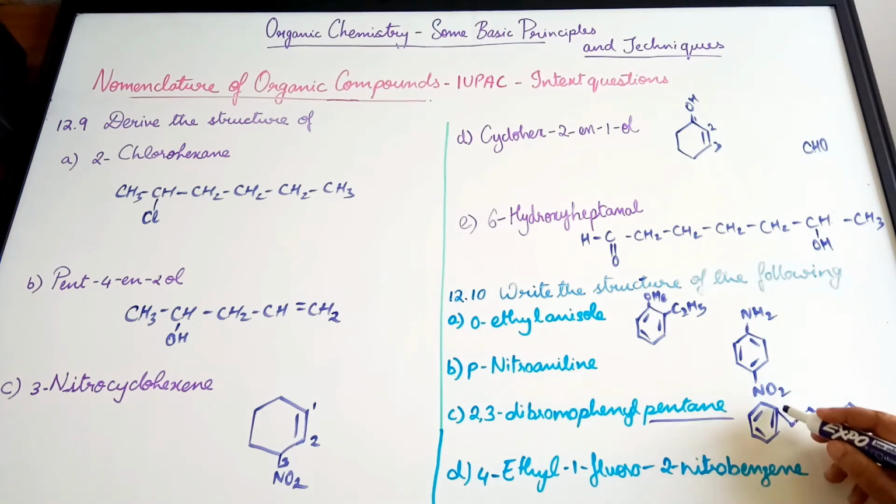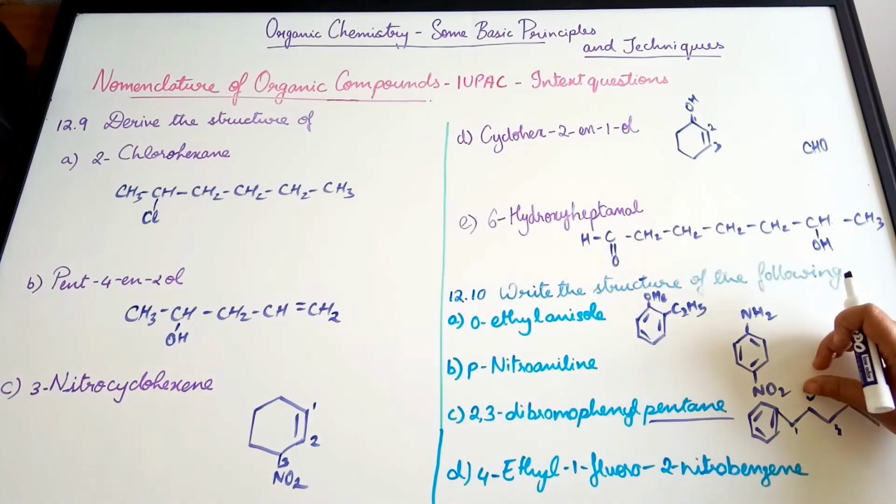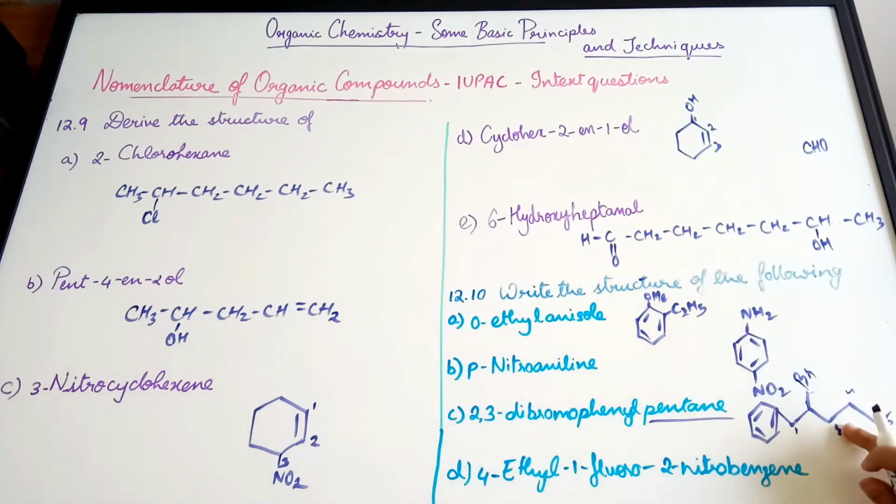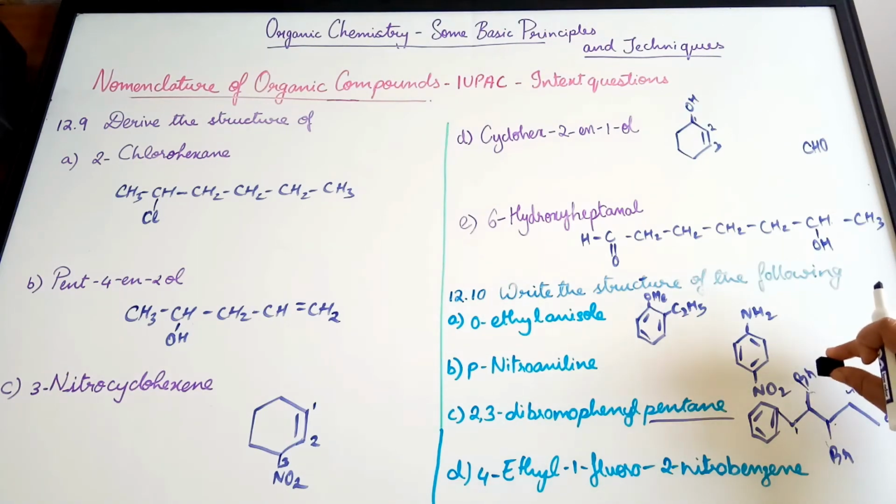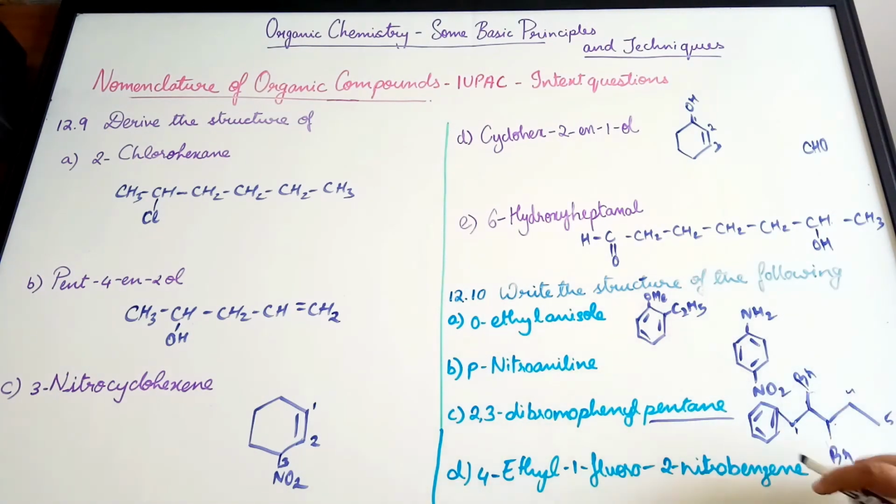So this is the first carbon atom, second, third, fourth and fifth. So at the second and the third position we have bromine. So this is the structure of the compound. We have a phenyl group at the first carbon and then bromine at carbon number 2 and 3.